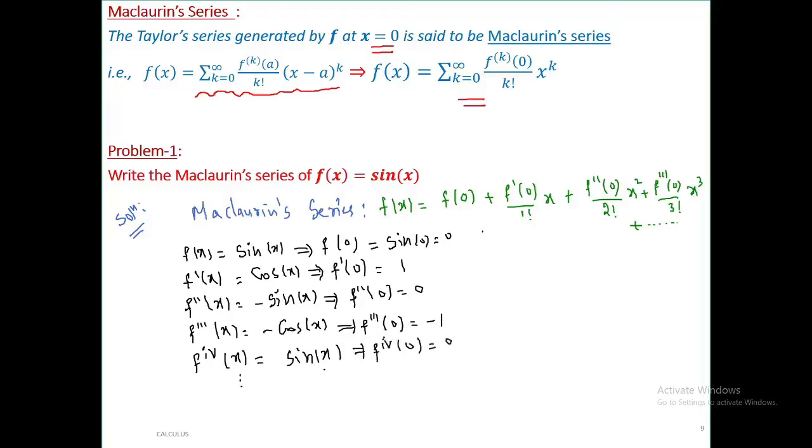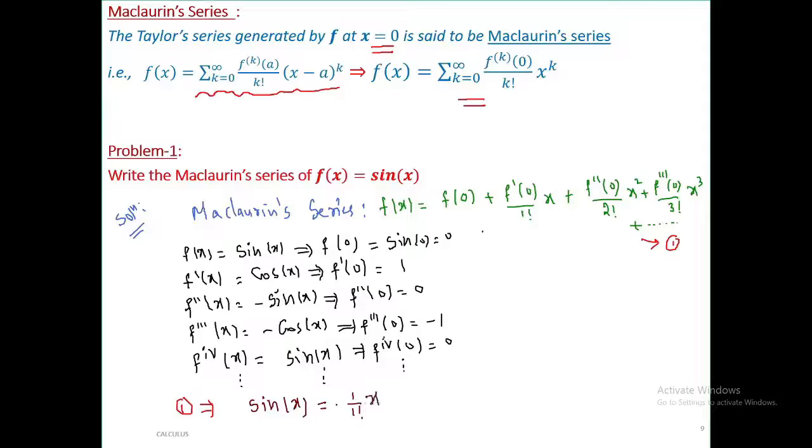Substitute all those things in the formula. Substitute back. What do you get? f of x means sin x. Sin x is equal to f of 0, and f of 0 is 0. Next f dash of 0 is 1, so 1 by 1 factorial into x.